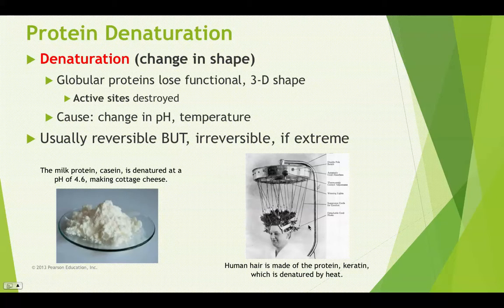Now, obviously, and thankfully, your hair grows back. If it's damaged or curled to the point where you don't really like it, eventually your hair will grow out. But we actually use some heat if you want to use a gentle heat, like with a curling iron or something, to change the shape of your hair. And it's really affecting the shape of those proteins, keratin primarily.